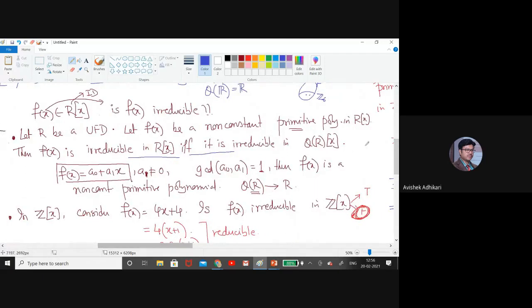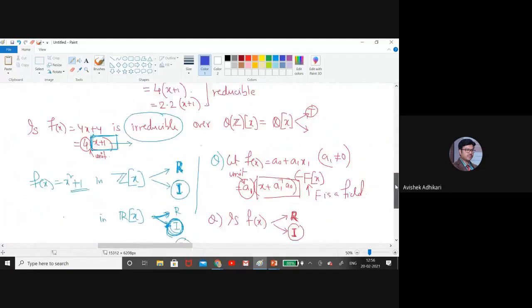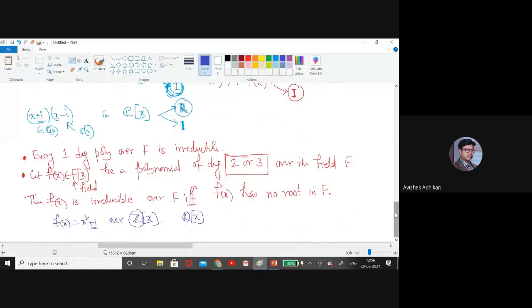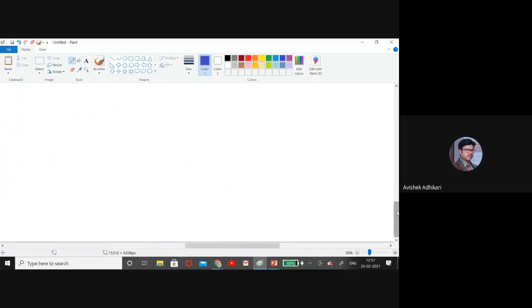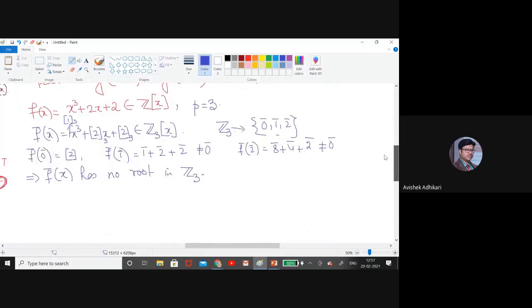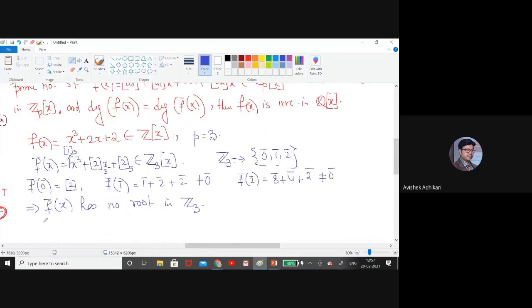Yes, this one. If this is of degree 2 or 3 over a field, and Z3 is a field, then it is irreducible if and only if it has no root in the field. So you can convert this whole thing into Z[x] or even Q[x], and then conclude that f(x) is irreducible in where?